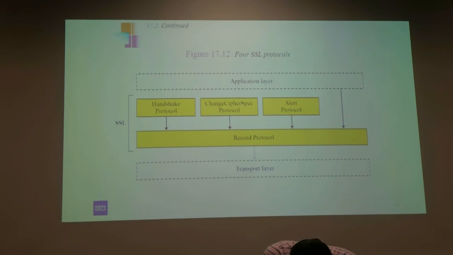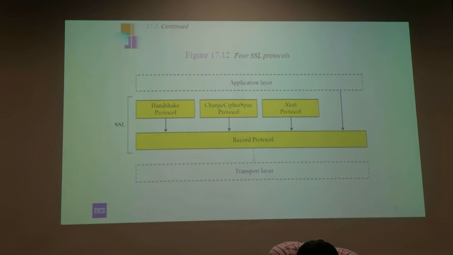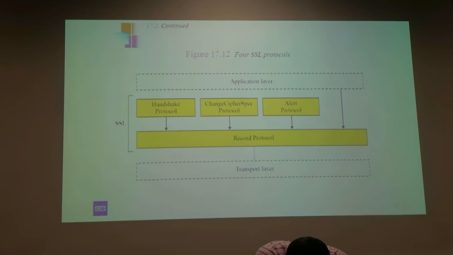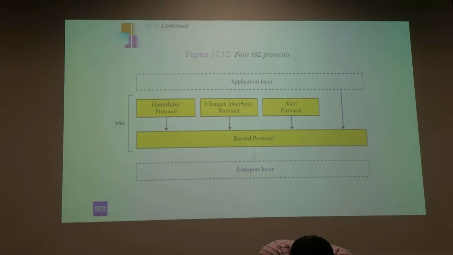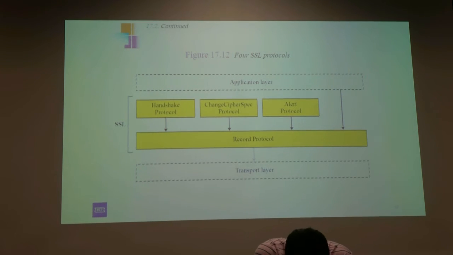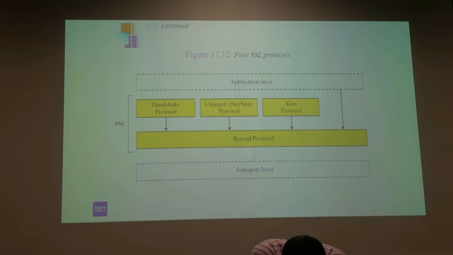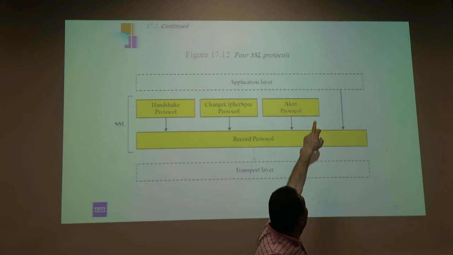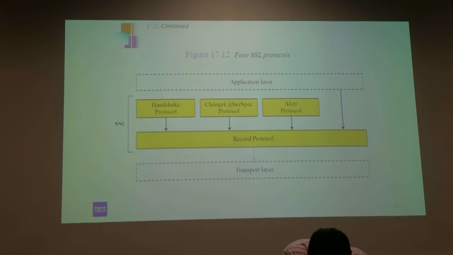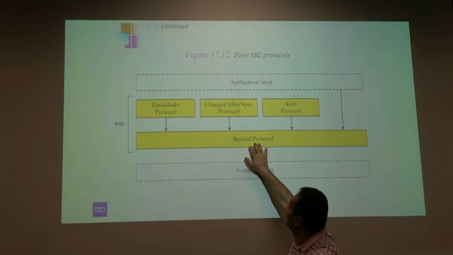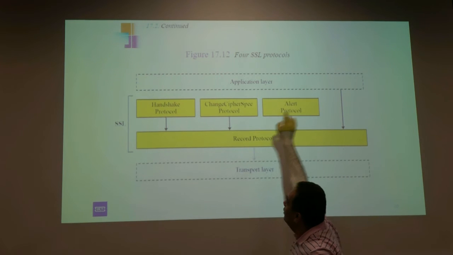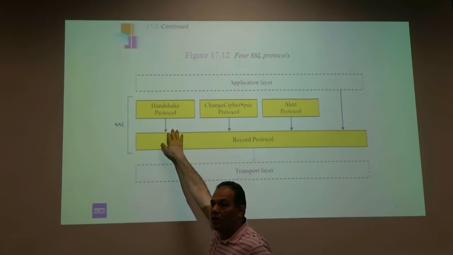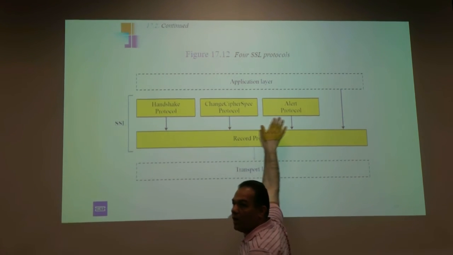The record protocol is the carrier. It carries messages from the 3 other protocols as well. The data comes from the application layer, and there is also information coming from the handshake, from the change cipher spec, and from the alert.